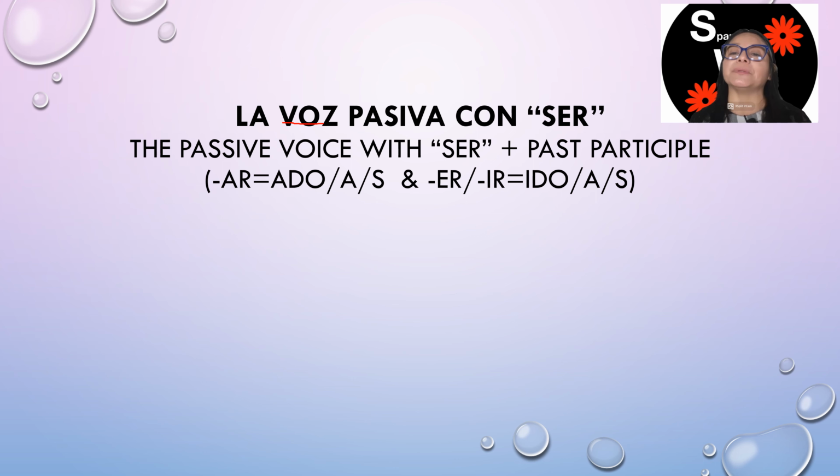The past participle as an adjective has to agree both in number and in gender. And for ER and IR verbs, the ending is going to be ido, feminine ida, plural idos or idas, as you can see there.